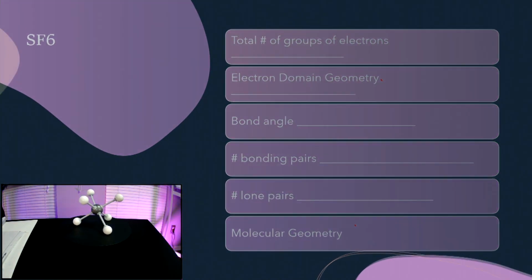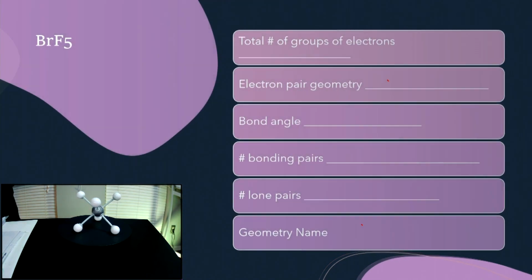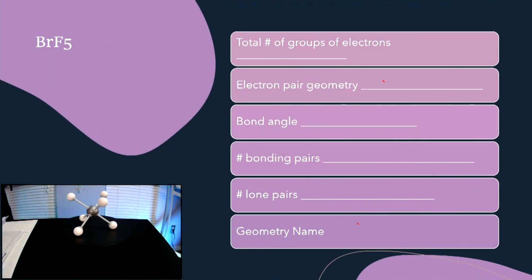Okay, moving on. If we look at a model of BrF5, all right, there it is. So BrF5, it has a total of 5 plus 1. So it has a total of 6 domains surrounding the central atom.